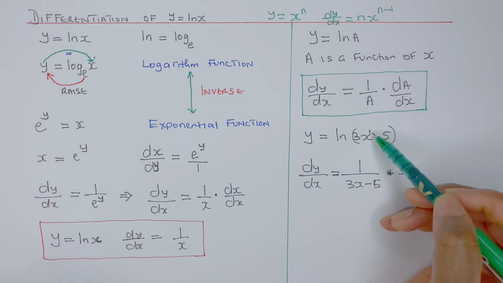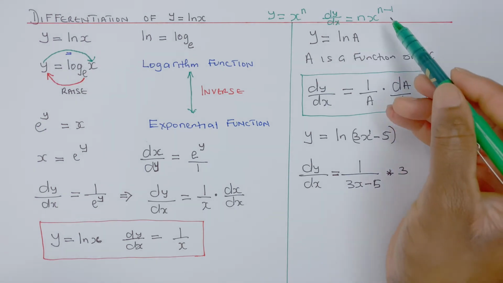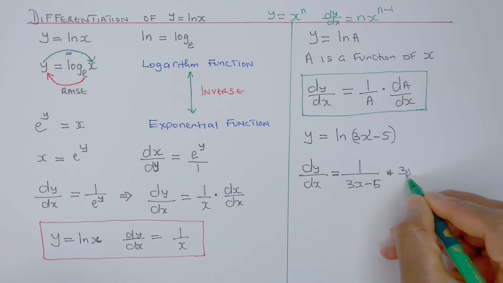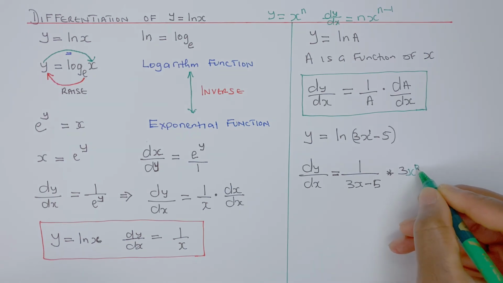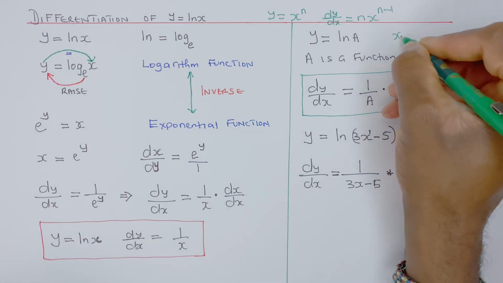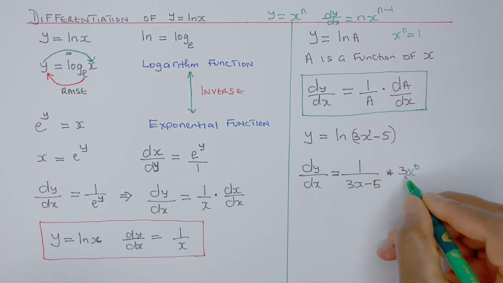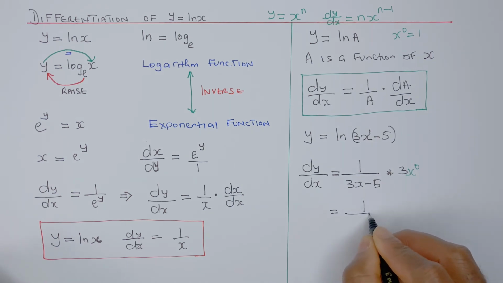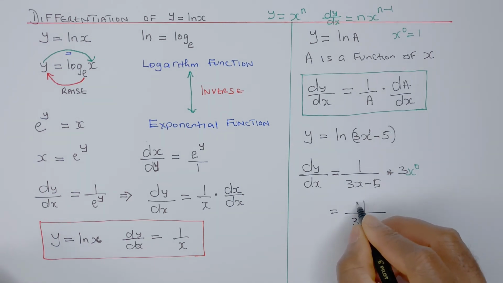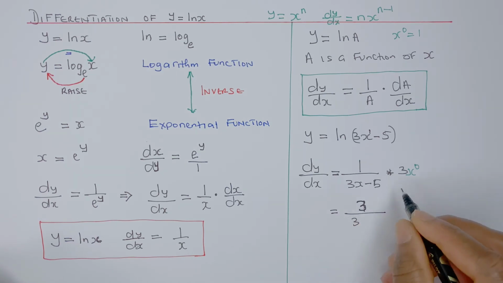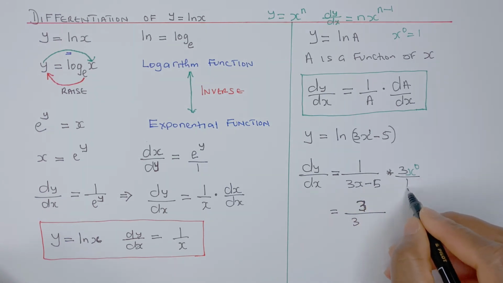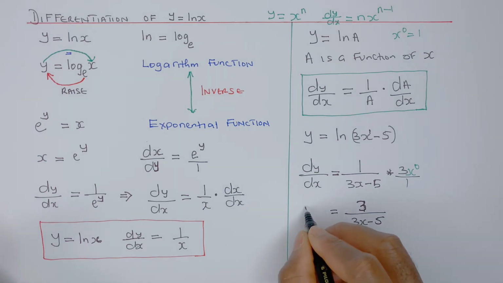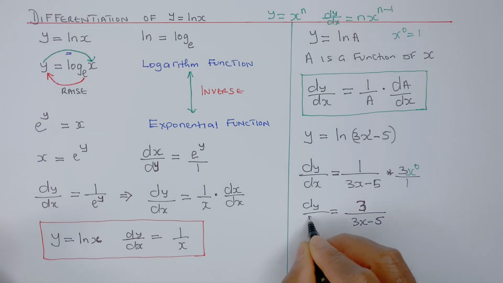And then you get x to the power 1 minus 1, which is x to the power of 0, which equals 1. So 3 times 1 is still 3. dy dx will be 3 over 3x minus 5.